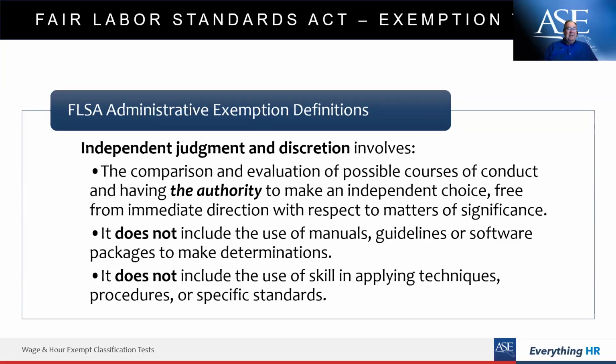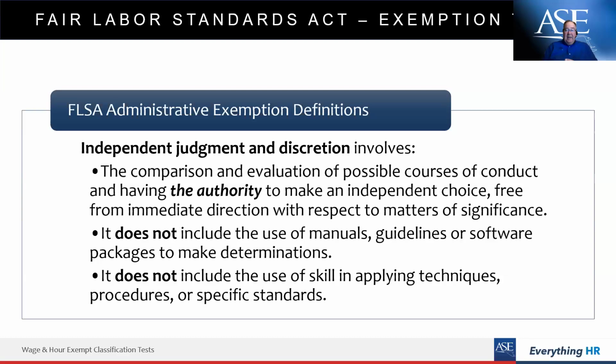A lot of positions seem to exercise independent judgment and discretion. But as I said, this is supposed to be a high-level administrative position, and it involves the comparison and evaluation of possible courses of conduct and having the authority to make independent choice free from immediate direction with respect to matters of significance.